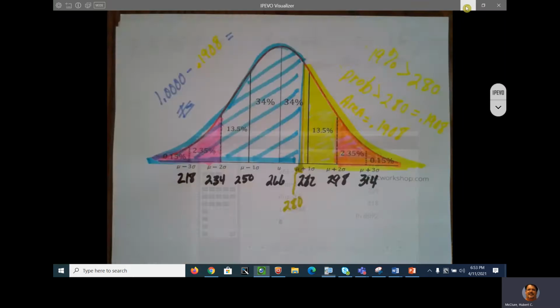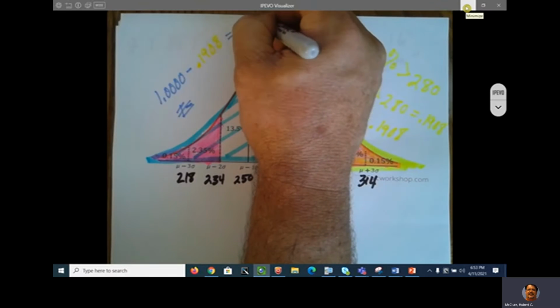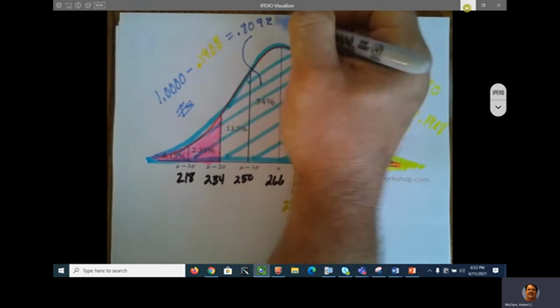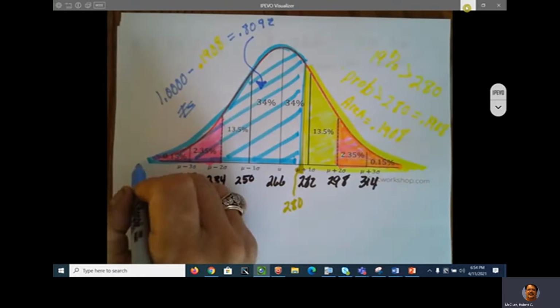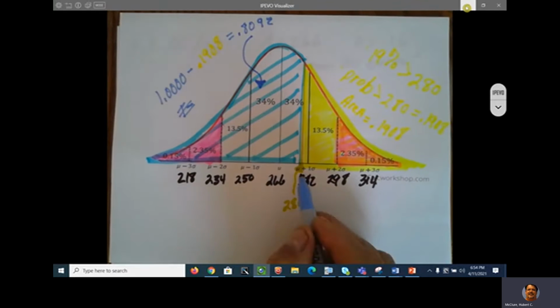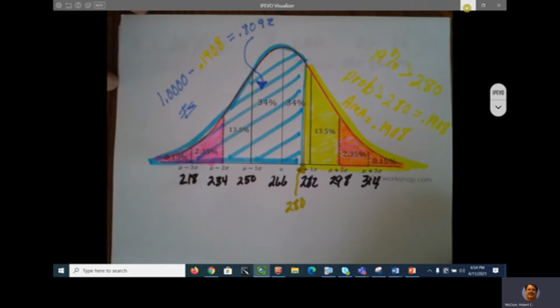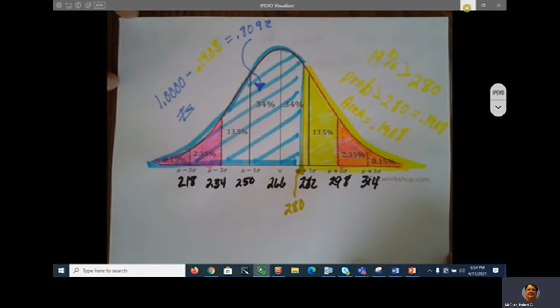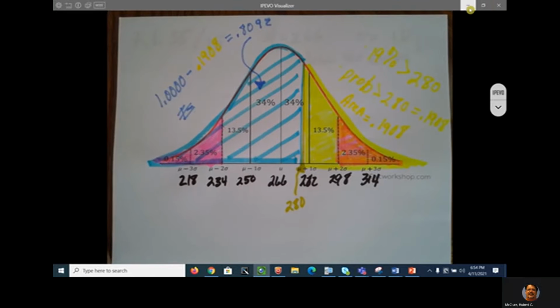So 0.8092 is equal to this blue area from negative infinity to 280. And that's how you answer that question, that less than 280 is 0.8092.